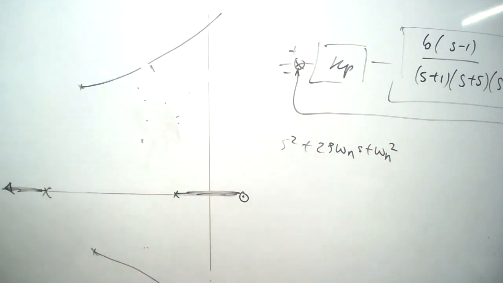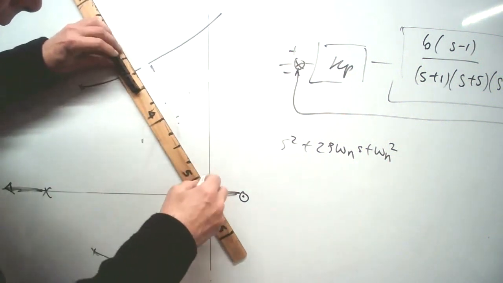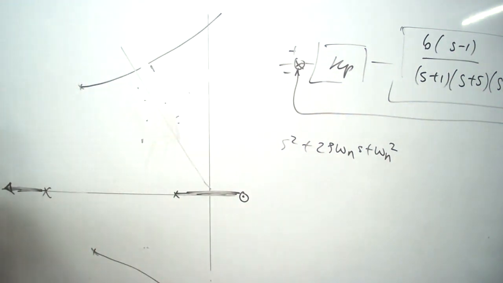Now, if I draw a straight line from the origin up like this, this line I've just drawn, you can hardly see it, so I'm just going to swap pens.